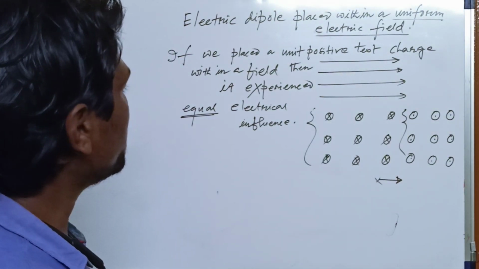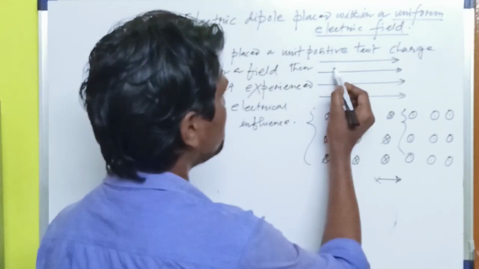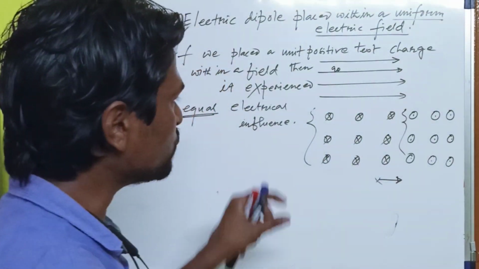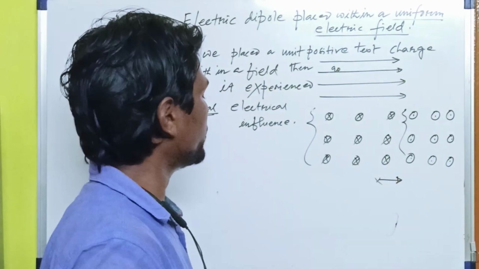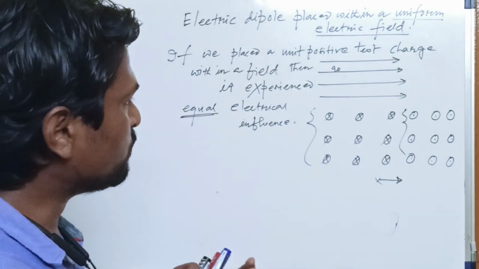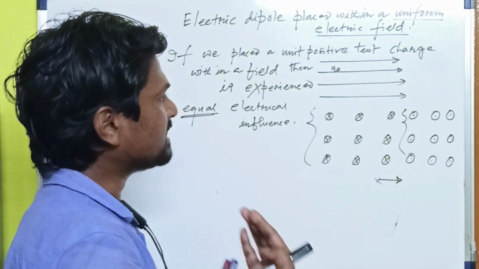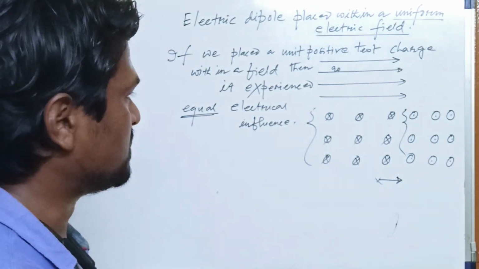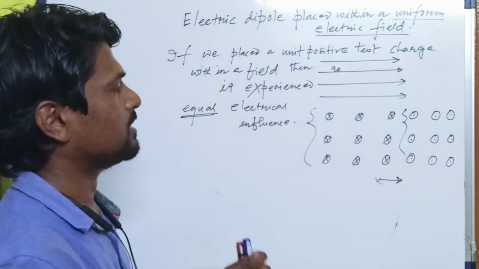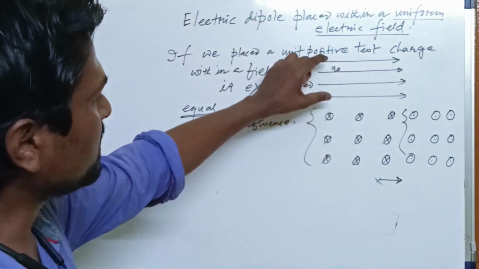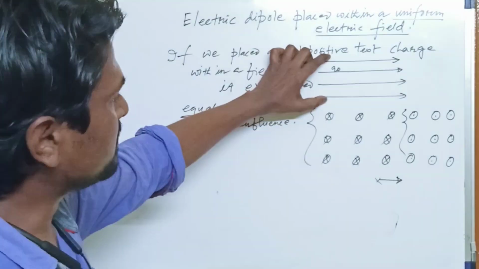So if we place a unit positive charge, suppose Q0, within that field, it experiences an electrical force, and that is equal at every point. So this is called a uniform electric field.